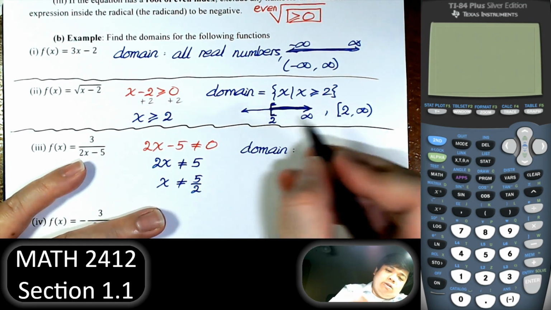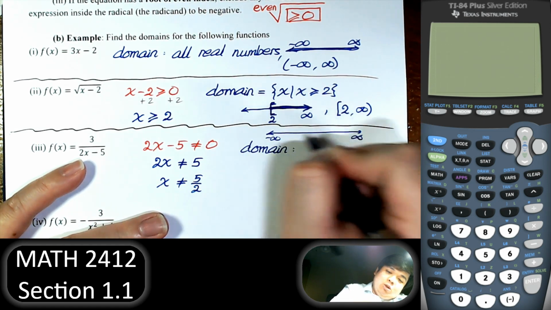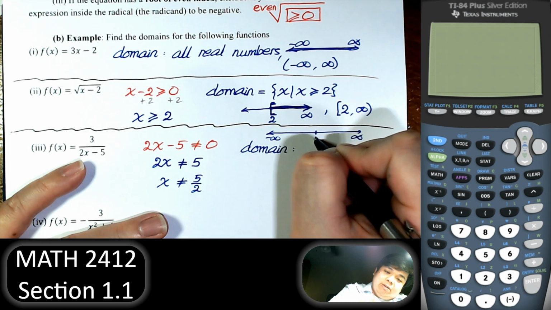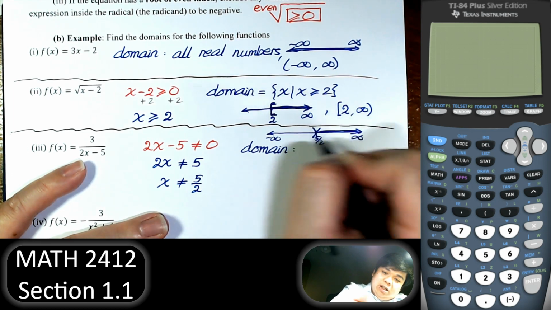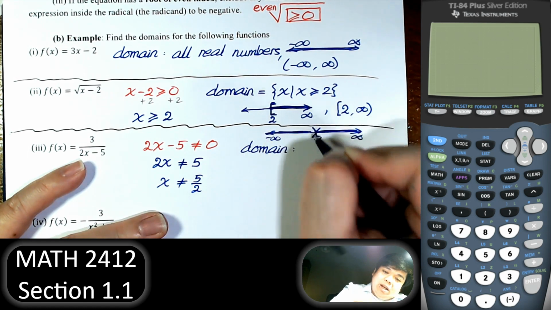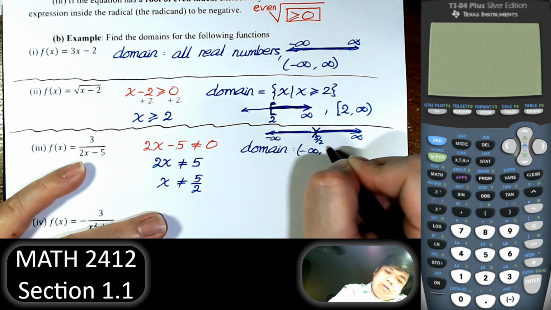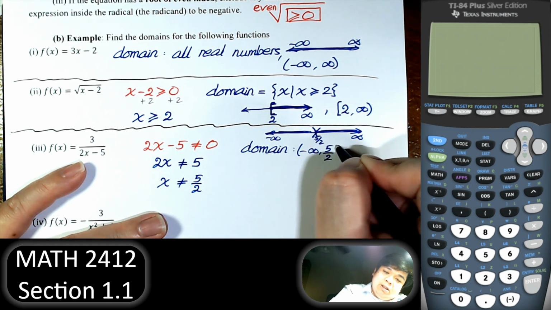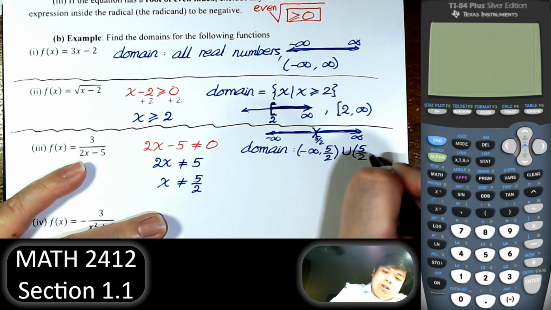By the way, let's just draw it first. Yeah, it could be anywhere except for 5/2. It could be on the right, it could be on the left, but cannot be at the 5/2. So we say negative infinity to 5/2, and then union with 5/2 to infinity.